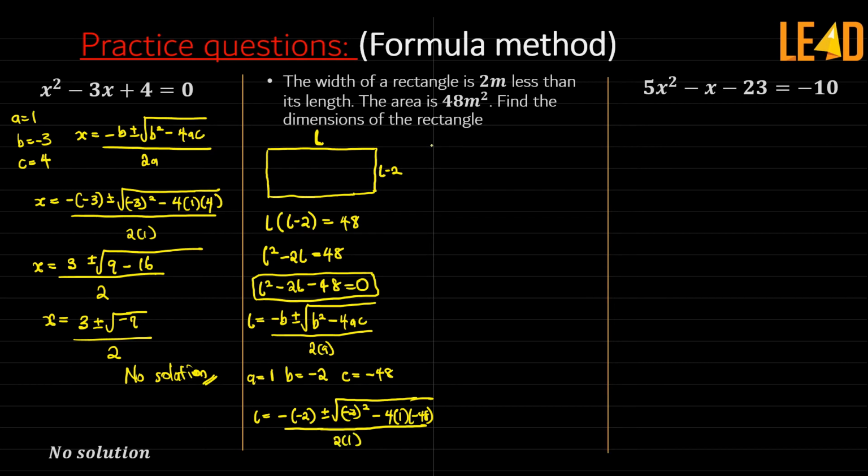So that would give us L is equal to 2 plus or minus the square root of 4. Minus times minus is plus, so that will be plus 192, I believe. Yes, 192 over 2. So L, the length, would be 2 plus or minus square root of 196 over 2.